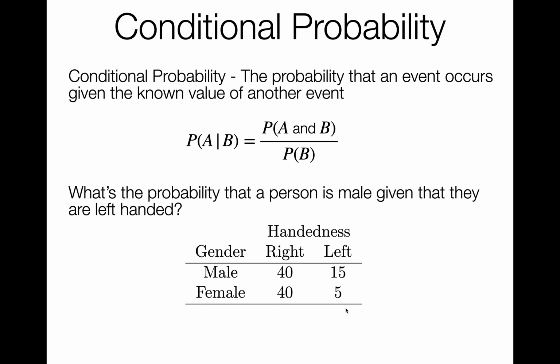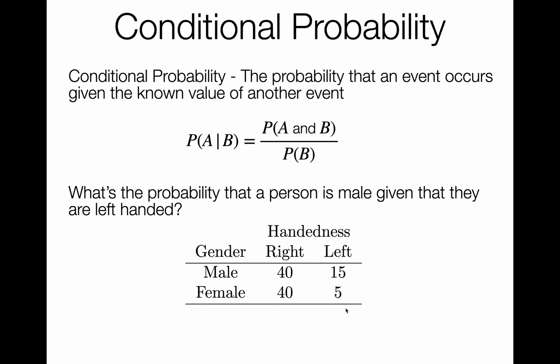So what's the probability that a person is male given that they are left-handed? With the definition above, you want to find the probability that they are male and left-handed, which is 40 divided by 100, because that's the total there. So 0.4 divided by just the probability that they are left-handed, which is 0.55. To find that probability, you'd have to do 0.4 divided by 0.55.